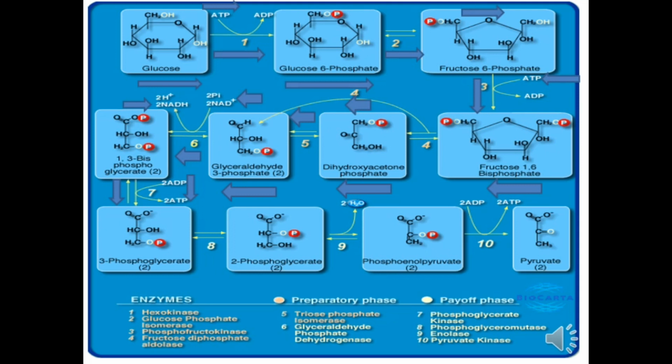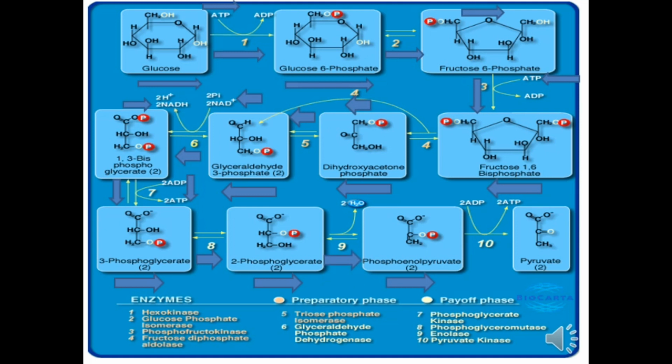In the next step, 3-phosphoglycerate is converted into 2-phosphoglycerate by an enzyme known as phosphoglycerate mutase. The mutase enzyme transfers the phosphate group from carbon 3 to carbon 2. 2-phosphoglycerate is converted into phosphoenol pyruvate by an enzyme known as enolase.